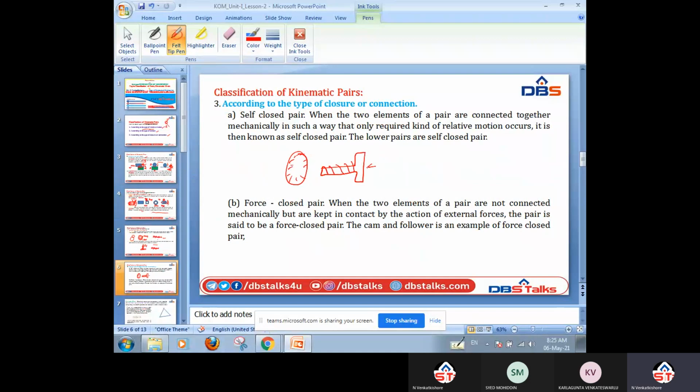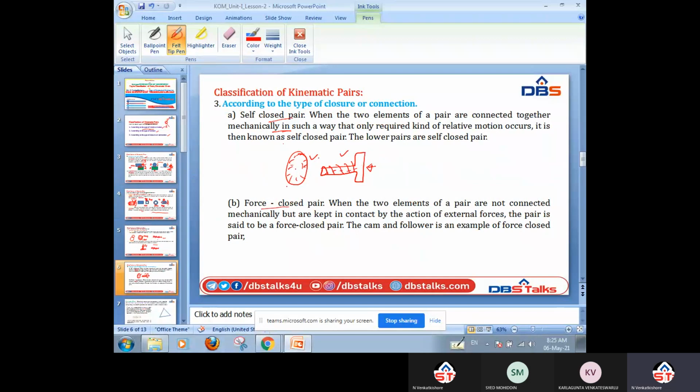These two are connected by means of a thread, the connection between the threads we have in the bolt and nut. These are held together mechanically. That is called a self-closed pair.